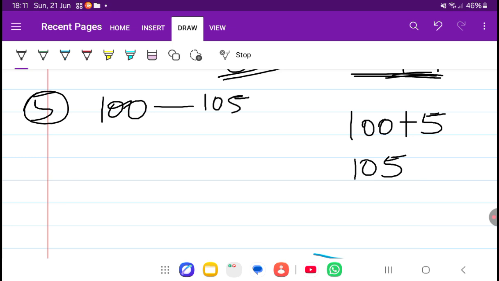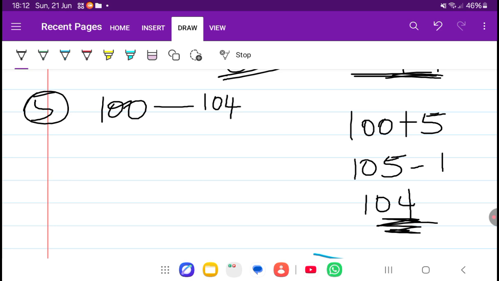Because I'm making inclusive classes, I have to remove 1. You remove a 1 from here, you get 104. So the value I'm taking as my upper class limit will be 104.